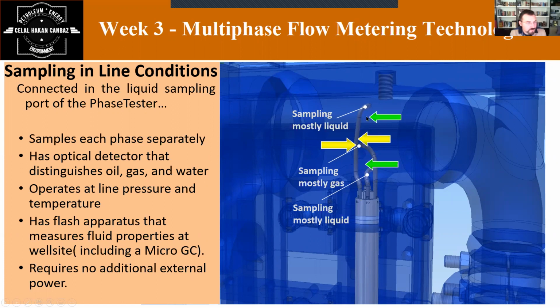So the first probe is in the upper part, the second in the center, and the third in the lower part. So your flow comes through this. When your flow comes, the experiments show that most of the liquid phase comes from these two.